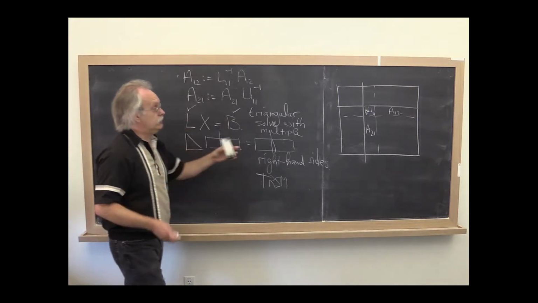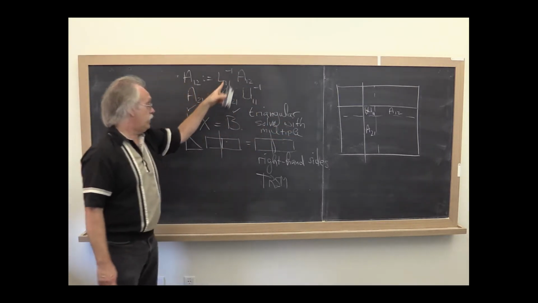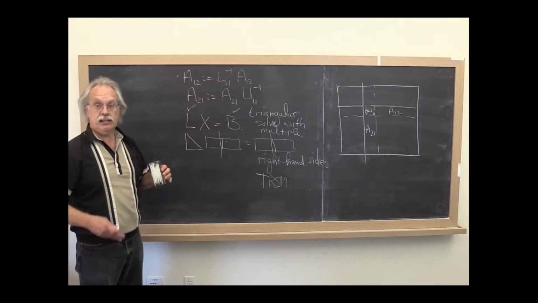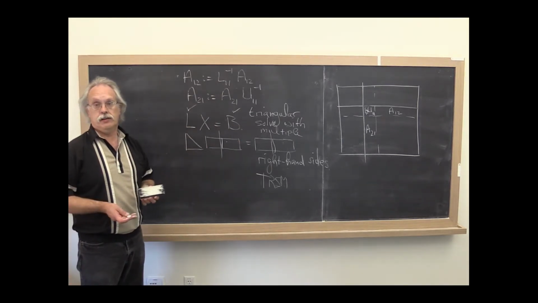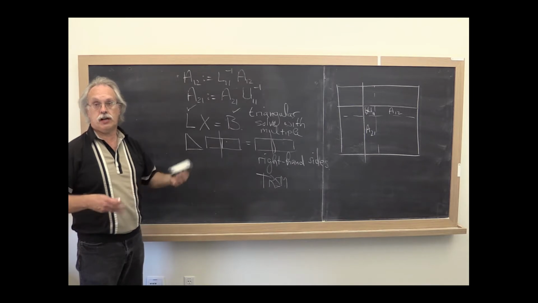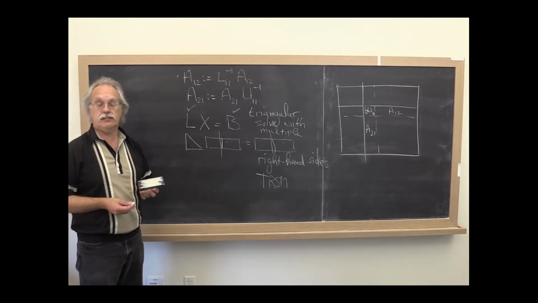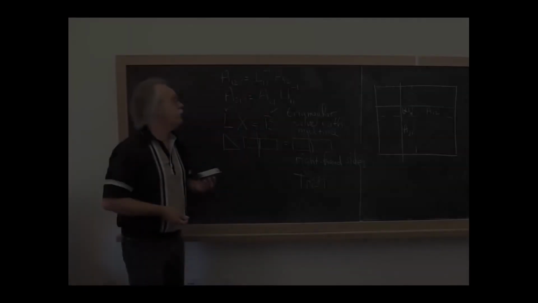So this you really would implement as that operation, and again, you can come up with lots of different partitioned matrix expressions, lots of different loop invariants, and lots of different variants, both unblocked and blocked.